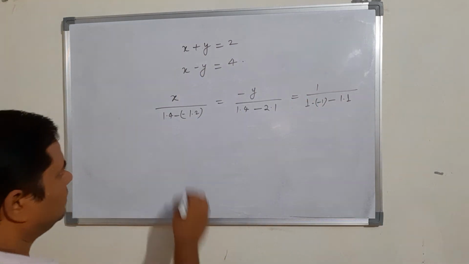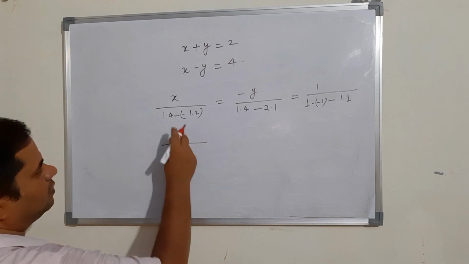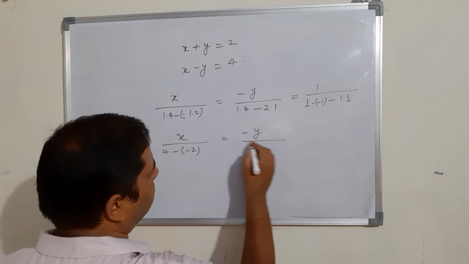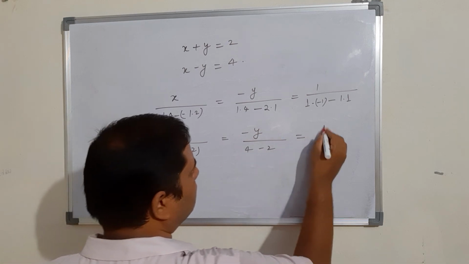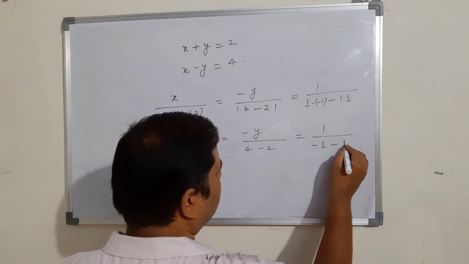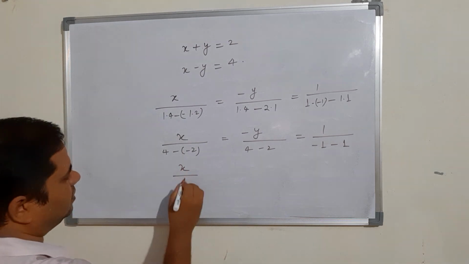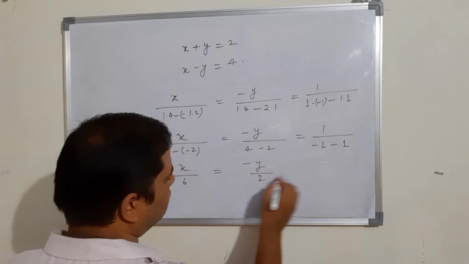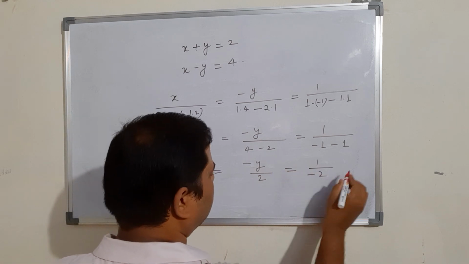We get x upon 4 minus of minus 2, minus y upon 4 minus 2, and 1 upon minus of 1 minus 1. So x upon 6, minus y upon 2, and 1 upon minus 2.